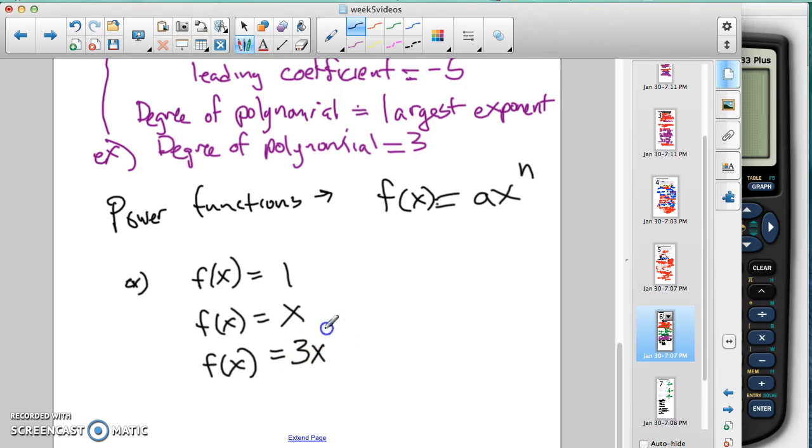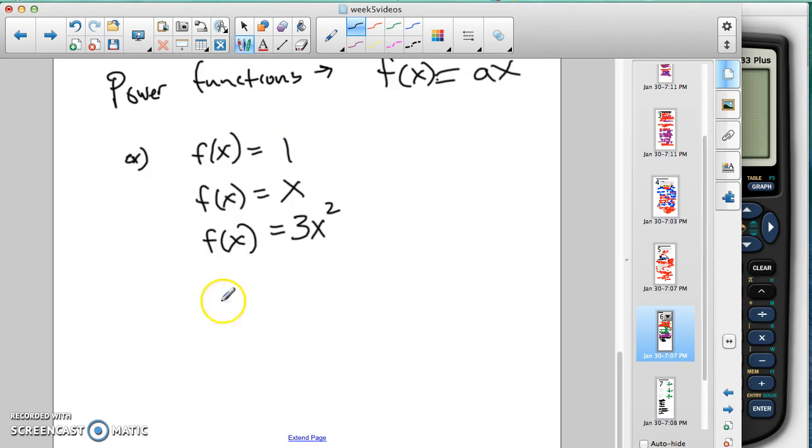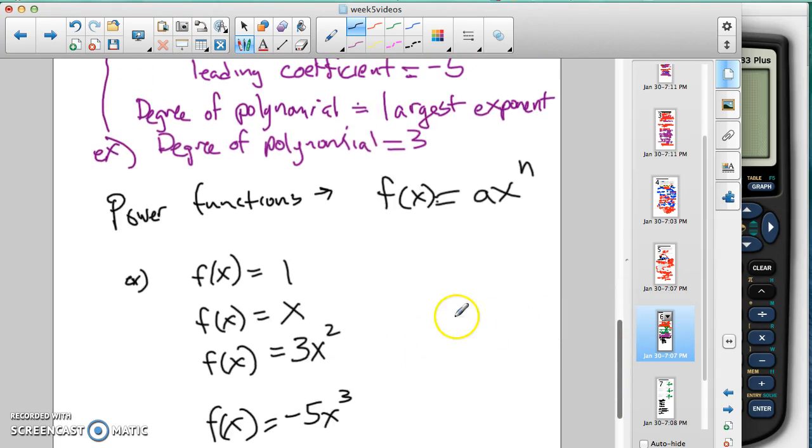We'll put a 3 in front of it. Our fourth power function equals negative 5x cubed. So anything like this can be a power function. These are examples of power functions. This is a constant function. This is linear. This is quadratic. This is cubic.